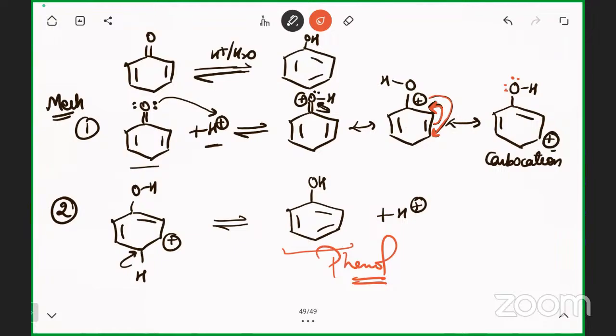If you have any doubt in any of the isomers in the structural one, in the structural we have discussed chain isomerism, position isomerism, ring isomerism, functional group isomerism, metamerism, and tautomerism.